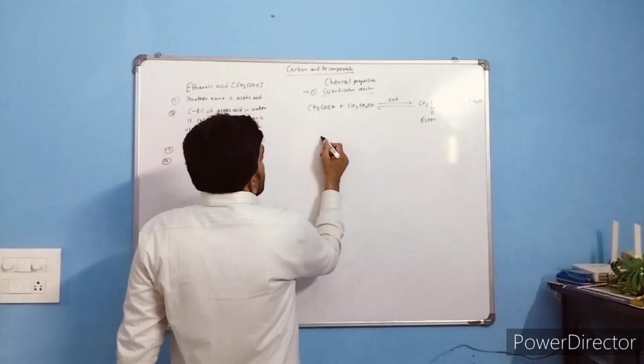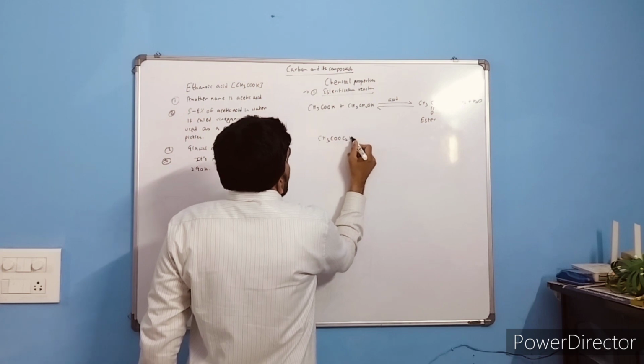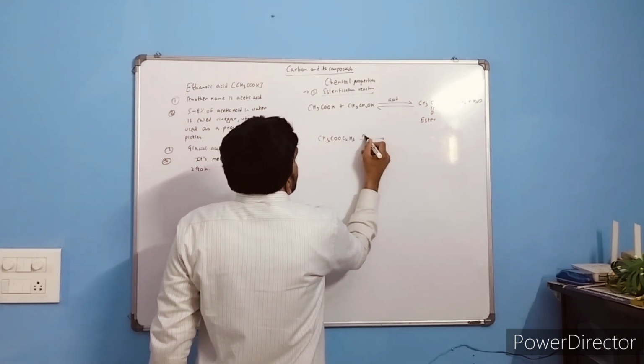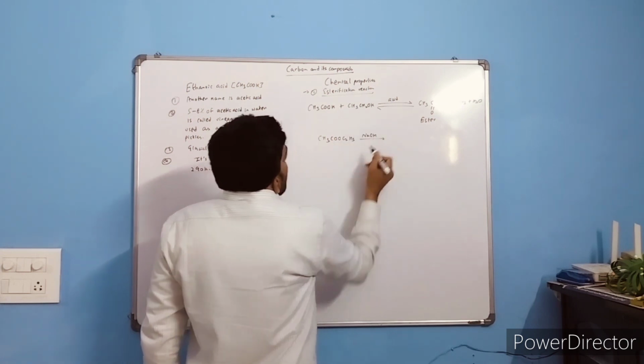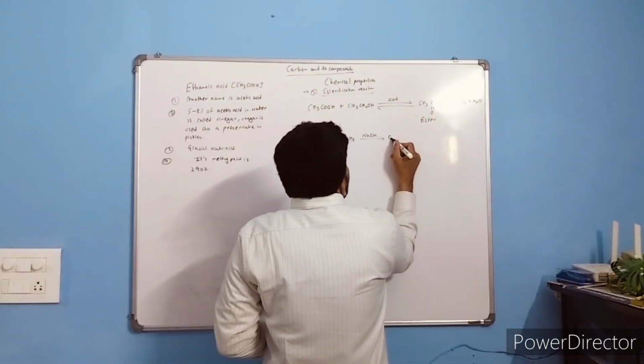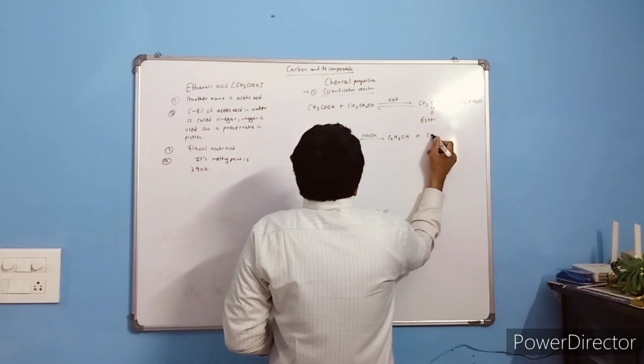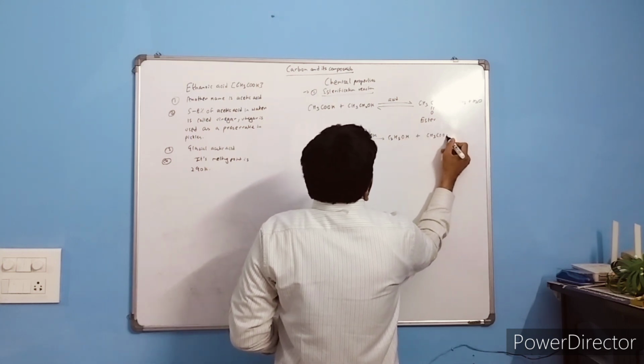For example, if I treat this with base NaOH, you will get C2H5OH plus CH3COONa.